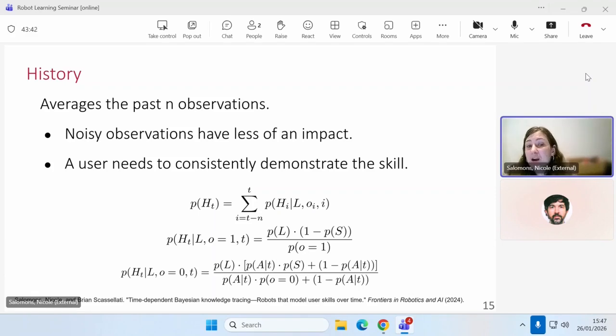This means that very noisy observations have less of an impact on the mistakes that the system might make, because computer vision systems are never perfect, especially one where you have the user check in real time. We frequently observe that they have hands occluding the camera's view when they have the hands over the circuit. It also means that, using this history, the user needs to consistently demonstrate the skill correctly for the robot to assume that they've mastered those particular skills.